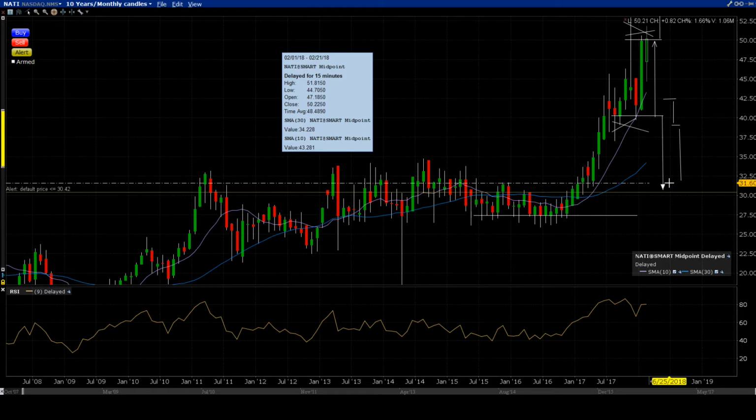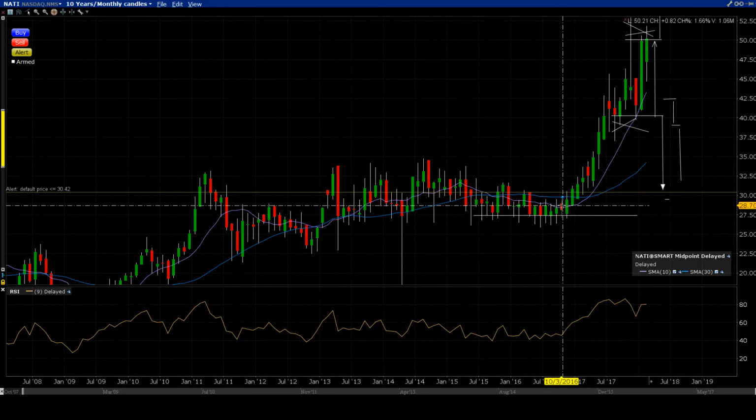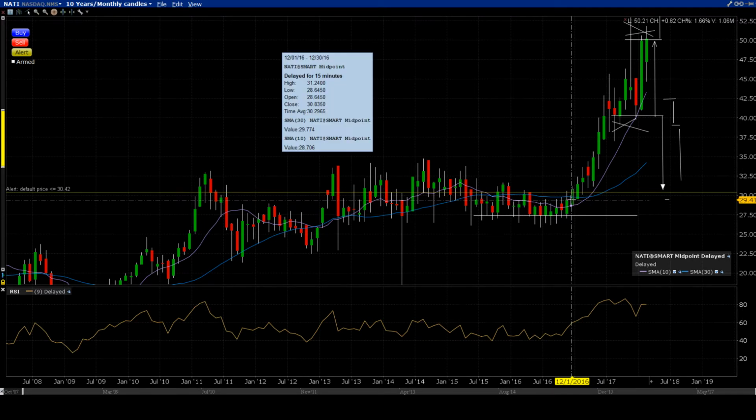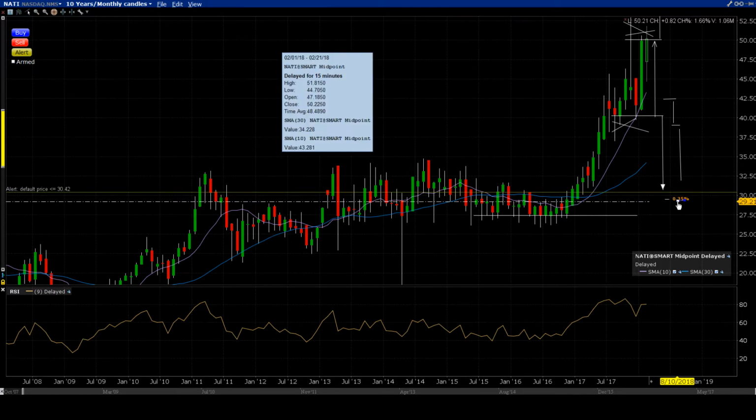Last thing you want is having your target that you forgot to consider. There's a wall, that there's going to be some support, or you're under a round number and then there's more support, so you never get your breakdown level to your target.